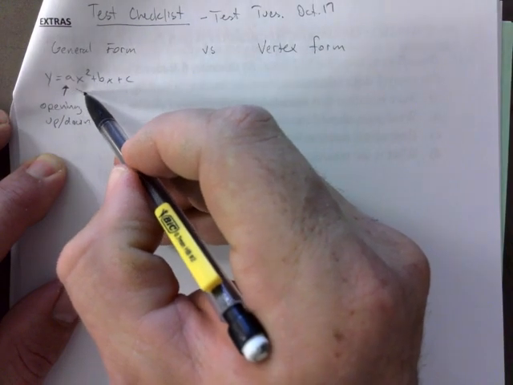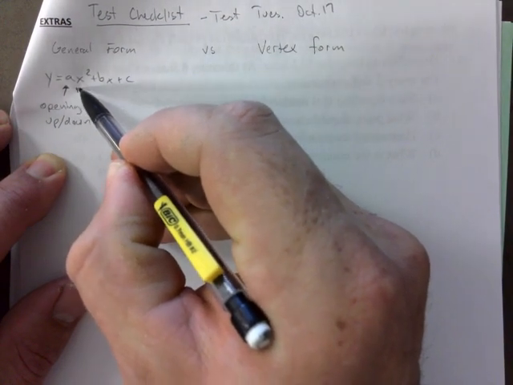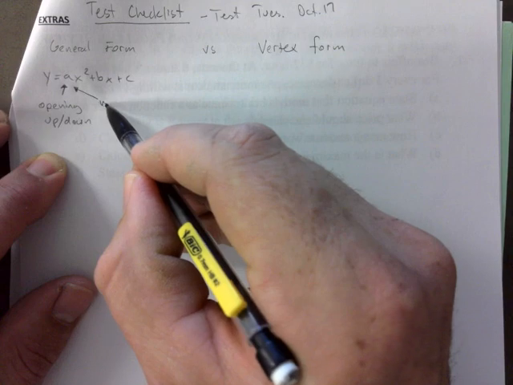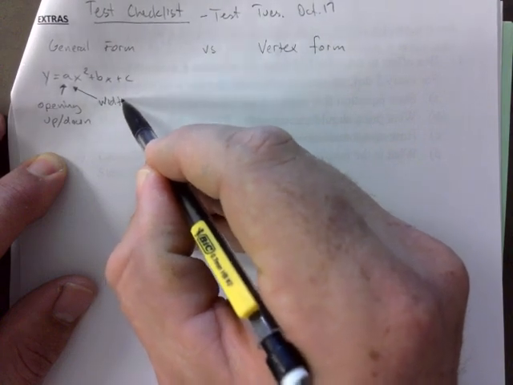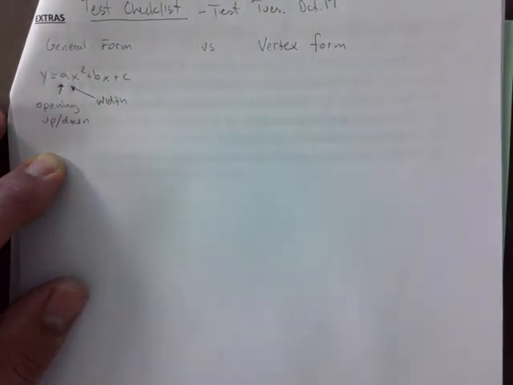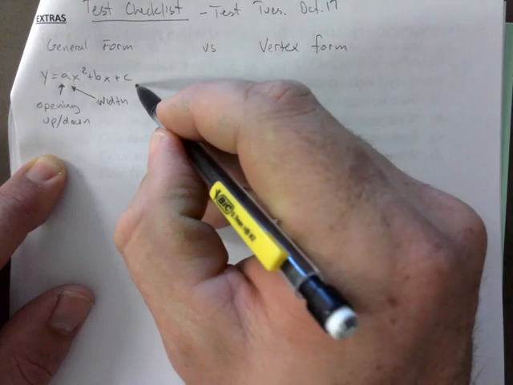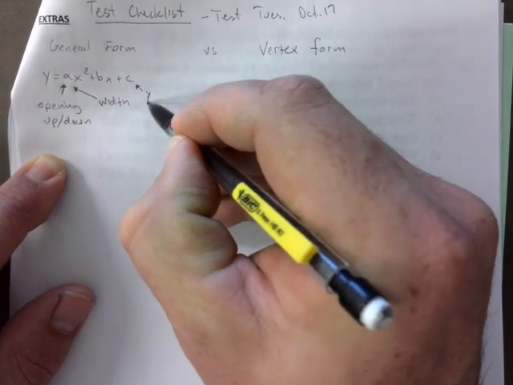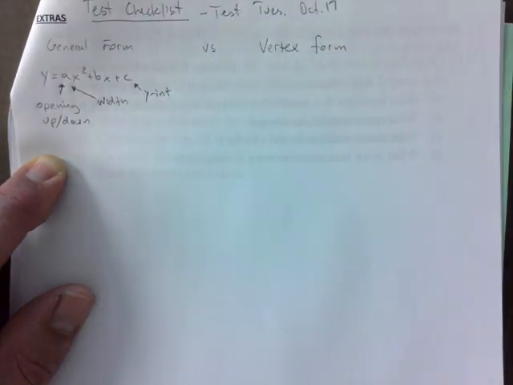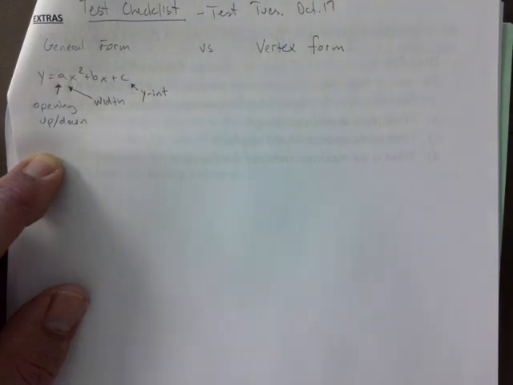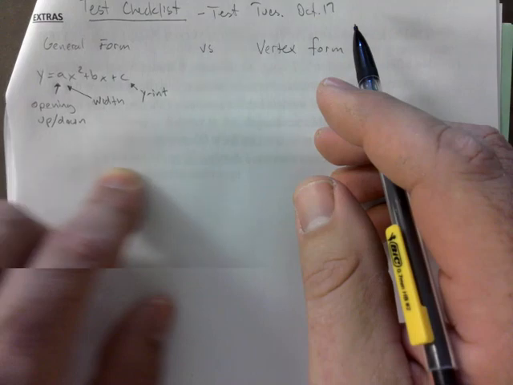It also gives us the width of the curve. We can predict how far apart the x-intercepts will be, based on that. And this gives you your y-intercept. So that's what it does. It gives us a bunch of information.